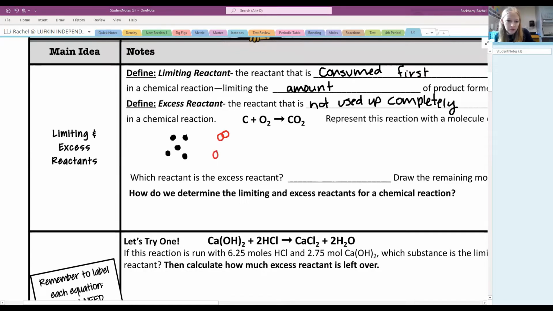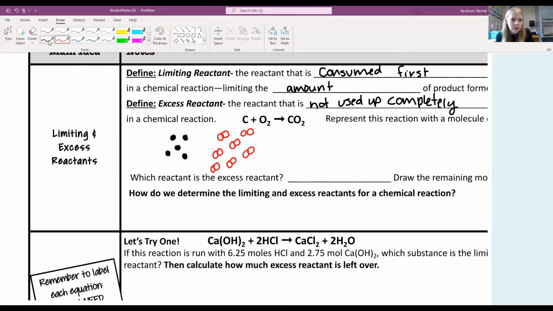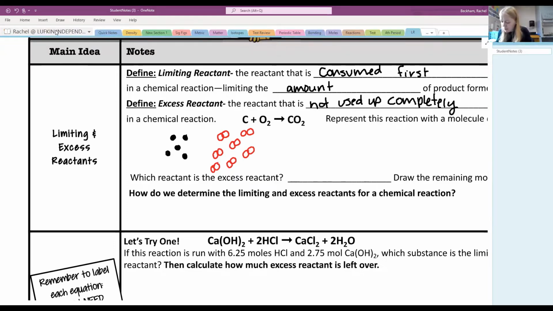So they're separate little molecules here. 1, 2, 3, 4, 5, 6, 7, okay? So if you have 5 carbons and 7 oxygens, how many CO2s can you make? Okay, how many CO2s can you make?